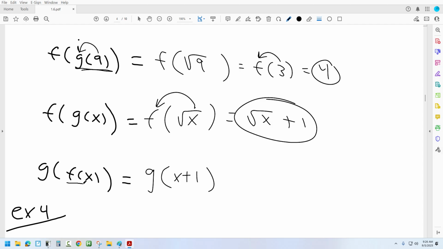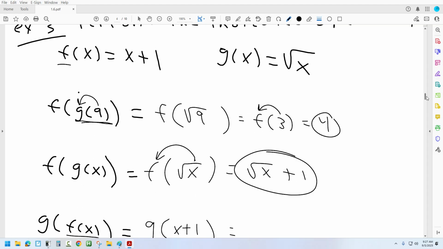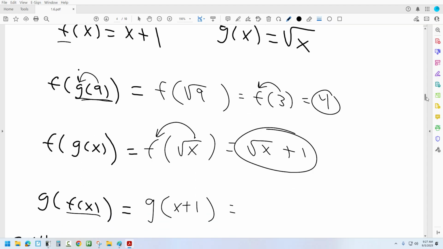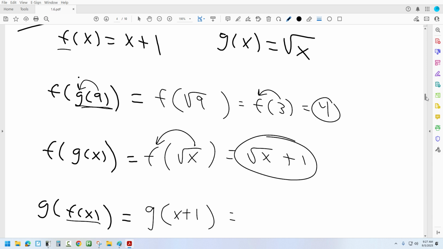So I substituted in for the inner function. Now take that and fill it into function g. What's g of x plus 1? Yep, Jackson. Square root of x plus 1. Same as the one up here? The whole thing, yeah.